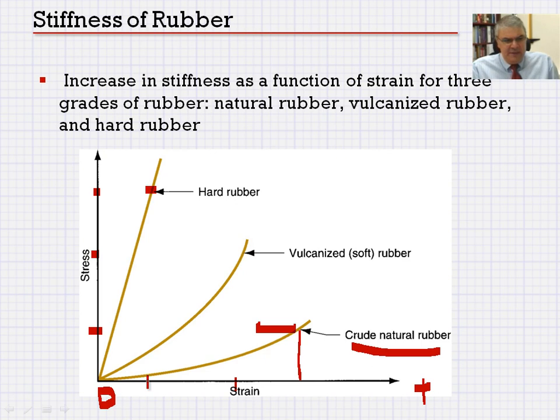This tells us that as the type of rubber becomes more stiff, or as we move toward the type of rubber that becomes pretty stiff and strong, as we increase the stiffness, we would actually reduce the strain. So in this case, hard rubber can take a much higher stress level, but it can break easily, as you can see, in comparison to other types of rubber.